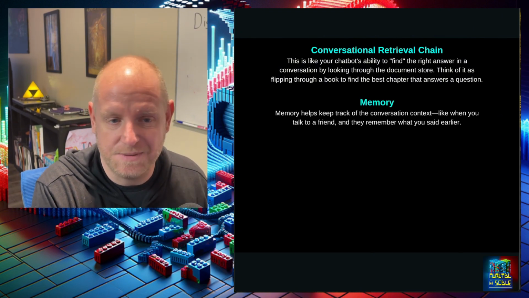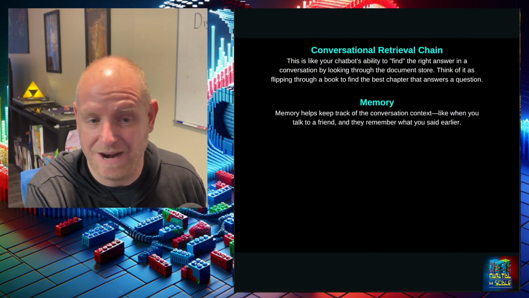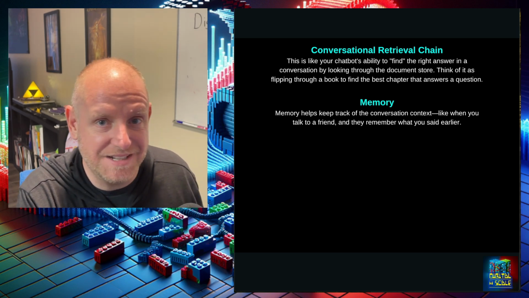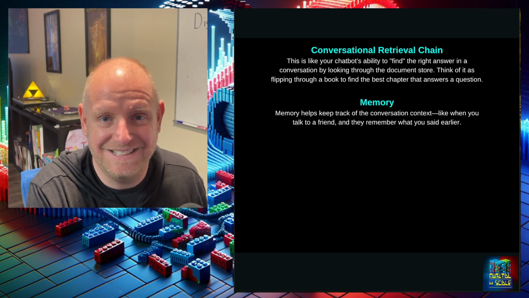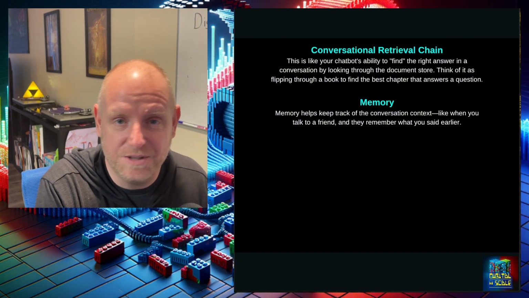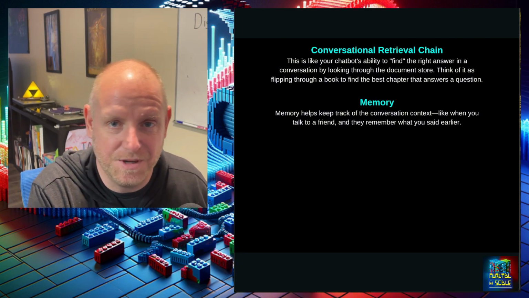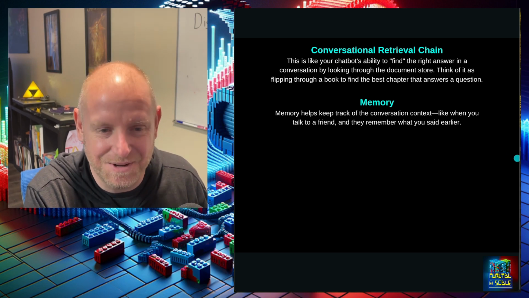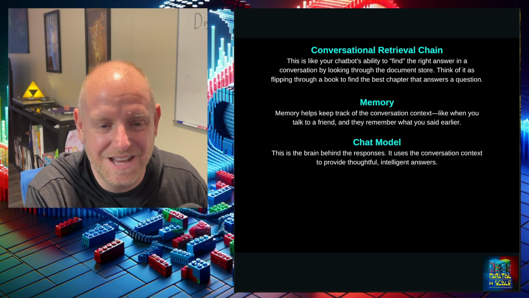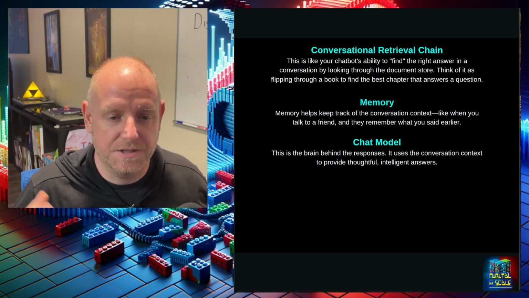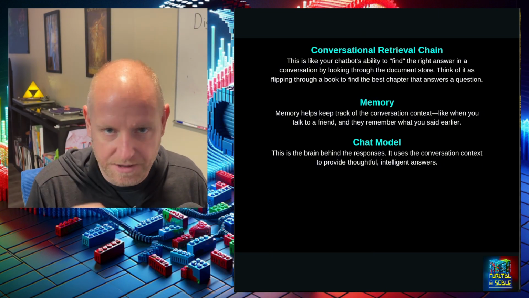Memory, as we talked about, just helps keep track of the conversation, so it remembers what you said previously. If you didn't have it, and you said, summarize this article, and it summarizes the article, and then you ask a question about the article, it'll be like, what article? So you want to make sure you have memory. The chat model is the brains behind the operation. This is your OpenAI, your Anthropic.